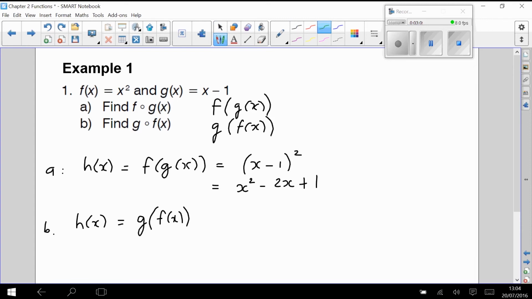Well, the x of g of x is here, and that must now be replaced with the whole expression for f of x, which is this expression over here. In other words, in this graph, I'm going to have x squared minus 1. You can see that putting g into f or f into g does definitely not give you the same result.